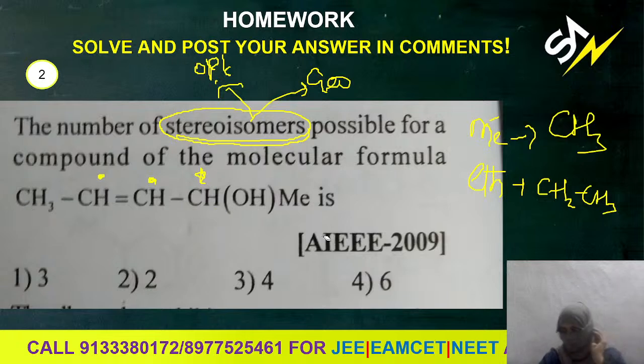So what do you think? Do you want to calculate the number of stereoisomers? I'll just give you 1 minute. So please do tell me the answer for that. CH3 CH double bond CH CH OH CH3.